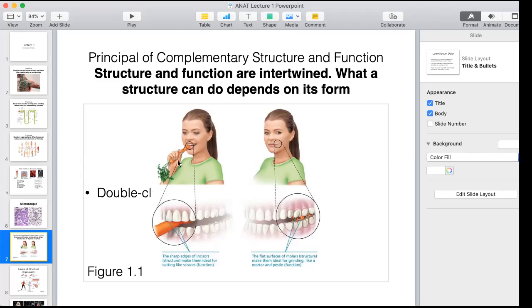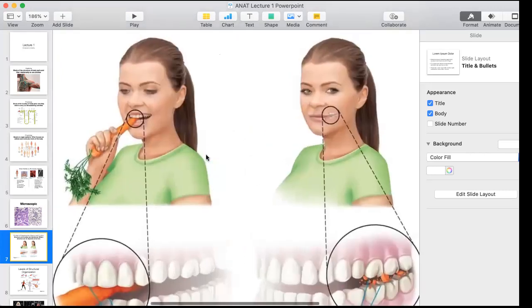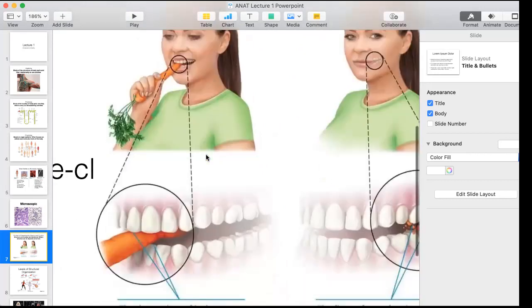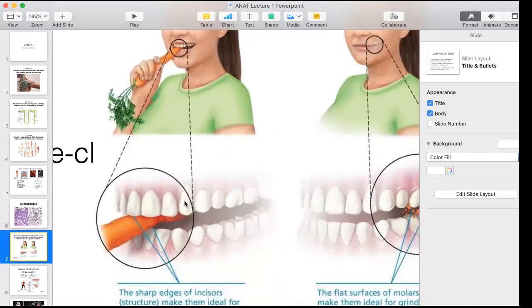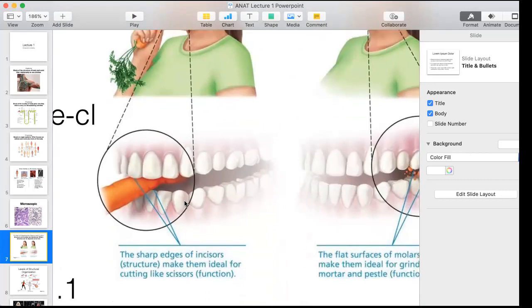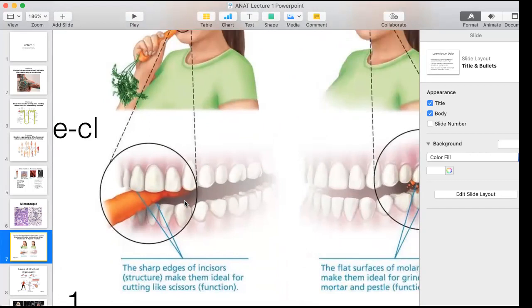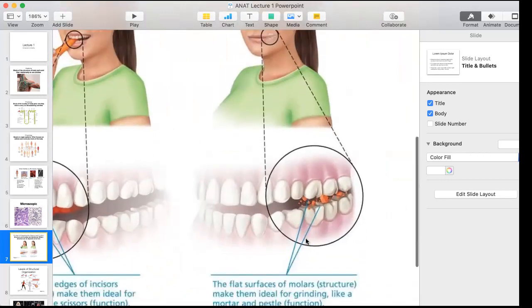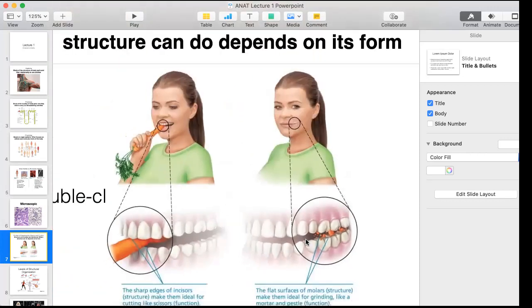Now with teeth, we see here that this young lady, or I assume she's young, maybe she's not, is eating a carrot, and they actually really zoom in on it. And you see that since teeth are very hard, she's biting off a piece of the carrot, and then she's breaking the carrot down into smaller components using the actions of her jaw, because the jaw is designed to open and close.